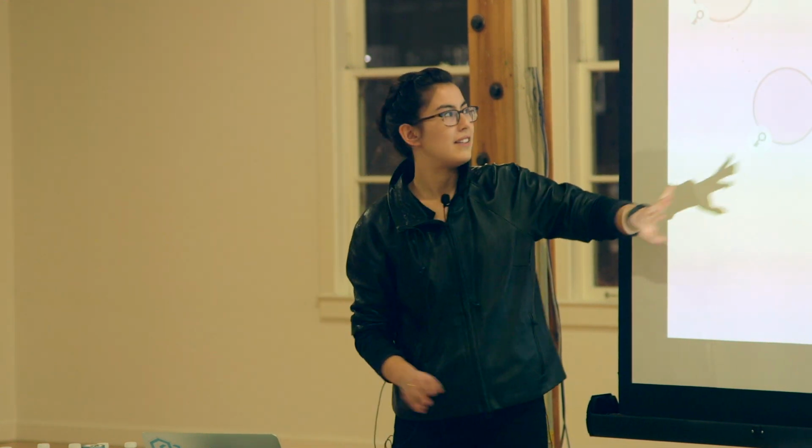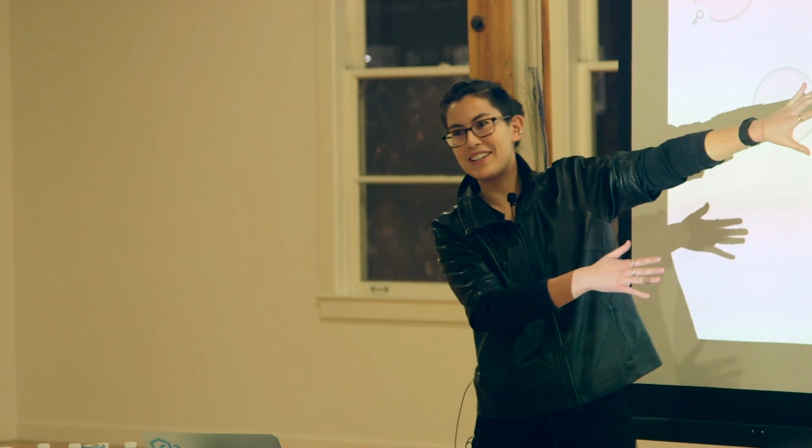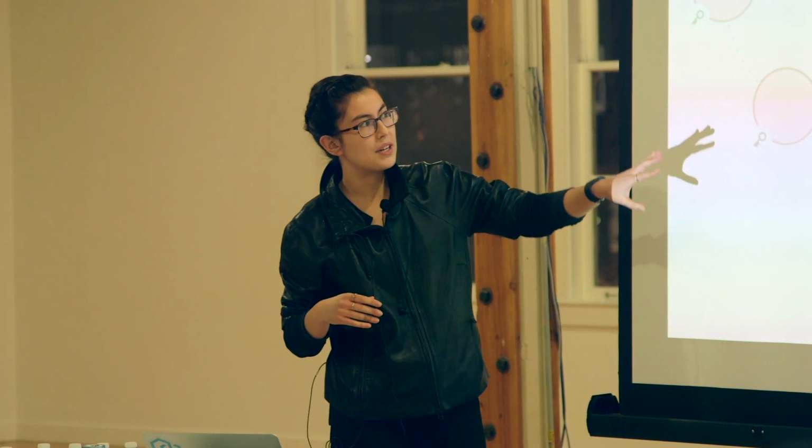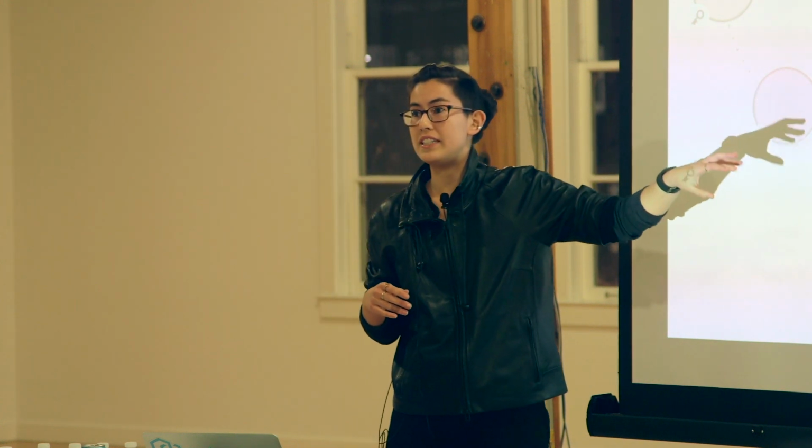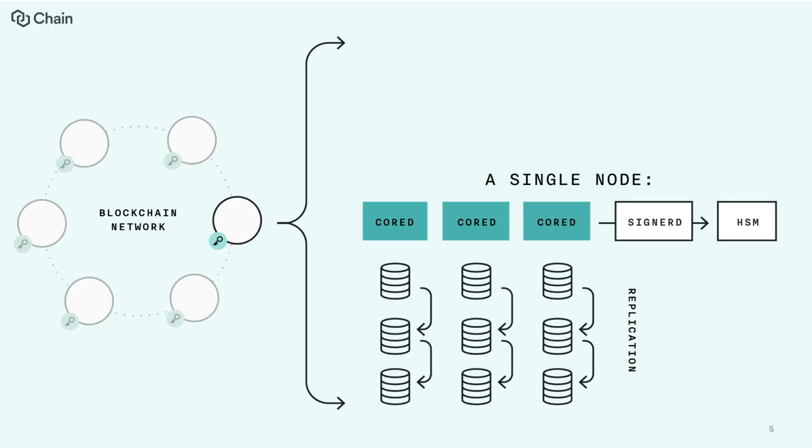So here's our network, and here's the anatomy of a single node. Each node can have several servers running core D, which is our core daemon that runs all of the blockchain logic. And off to the side there, we have signer D, which is the signer daemon, which talks to the HSM, or hardware security module.